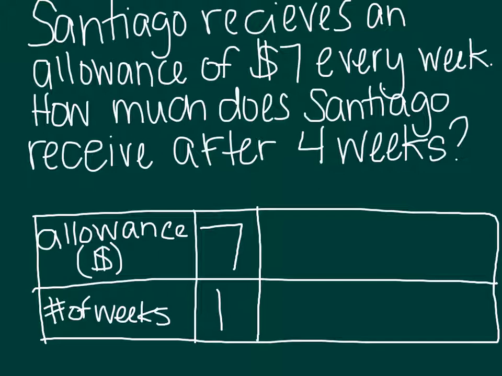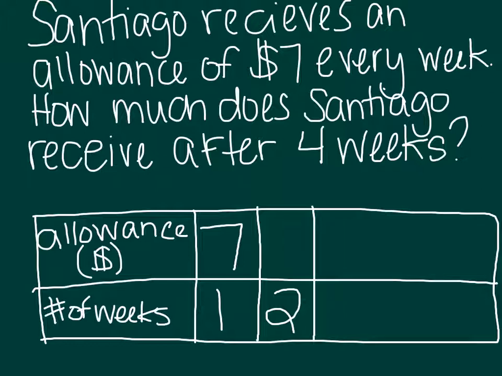So remember, what I do to one part of my ratio, I have to do to my other part, just like we do with fractions when we're finding the greatest common denominator, okay? So if after 2 weeks, I need to find out how much Santiago makes, in order to get from 1 to 2, we're going to write our 2 there, okay?